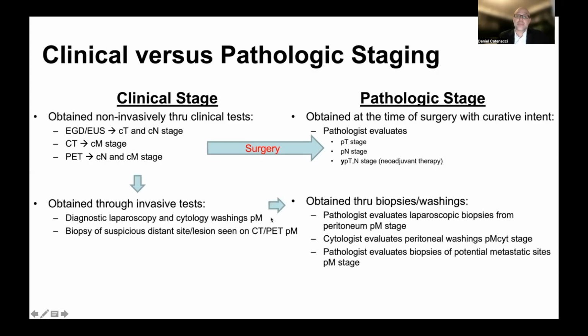So these samples obtained through these tests would be sent to the pathologist and evaluated to determine whether there's peritoneal disease by pathology, cytology positive disease in the fluid, and/or a biopsy of a site like the liver or a distant lymph node, and to determine whether or not there's pathologic involvement in those areas. Only then, if there's no definitive evidence of metastatic disease, typically, would a surgery be conducted in order to remove this cancer with curative intent.